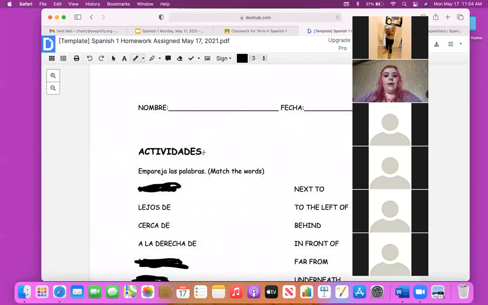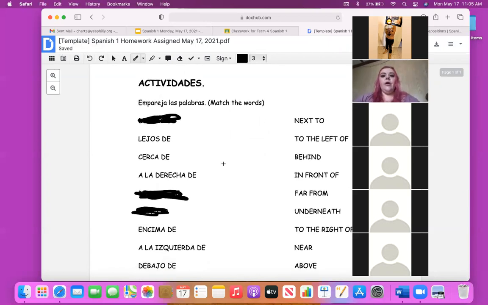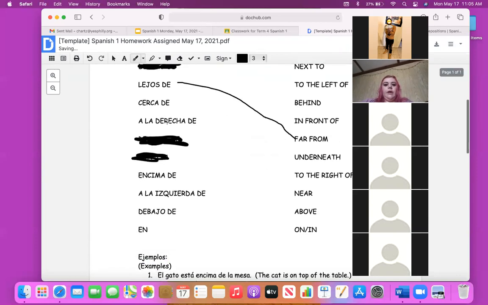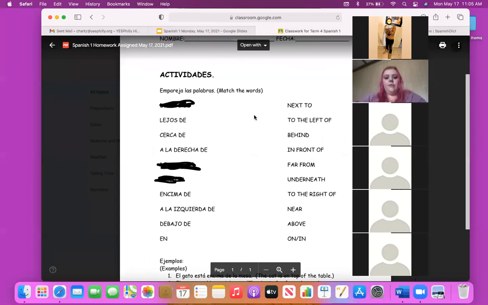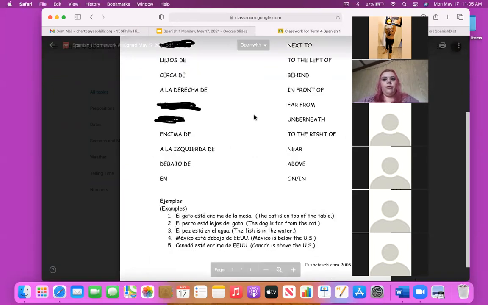Yeah, there actually is a pen here. Oh yeah, that works. If you open it with DocHub, which I know most of you do, you could just draw it: lejos de is far from, cerca de is close to, near, which is the same thing, right? Does that make sense to everybody? So you're literally just matching the words with what they mean.